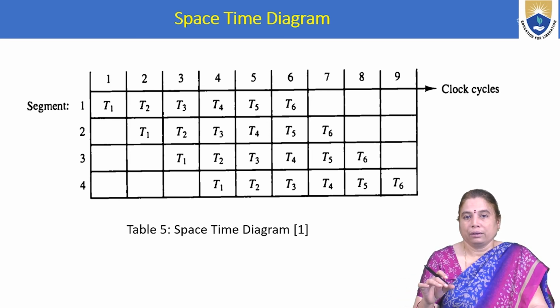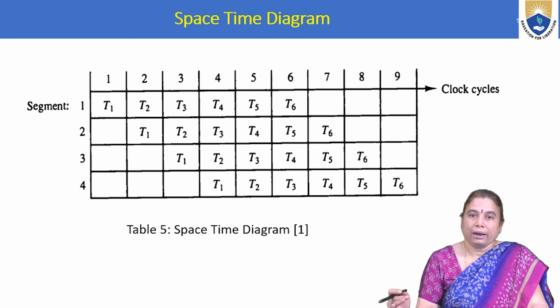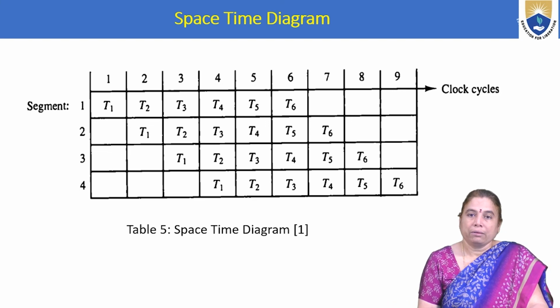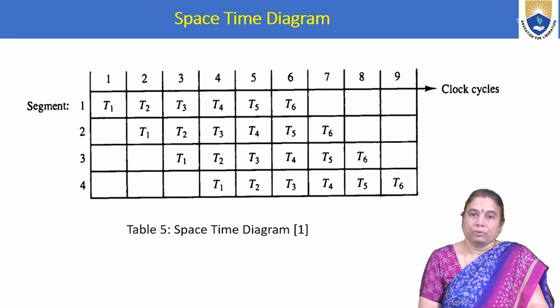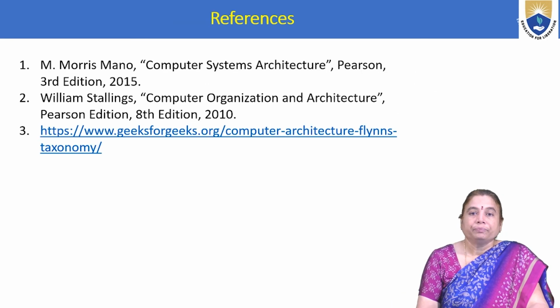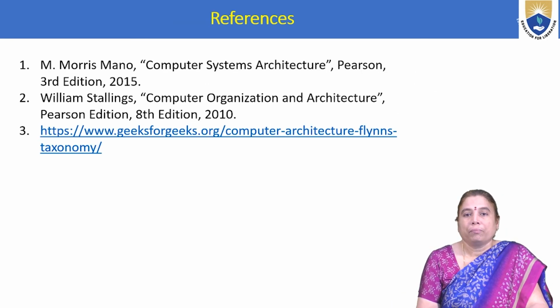It first divides the computational task into segments so that one instruction is at segment 1 and then moved to segment 2. During that time, the second instruction can be loaded and executed. So this is about how parallel processing can be achieved.